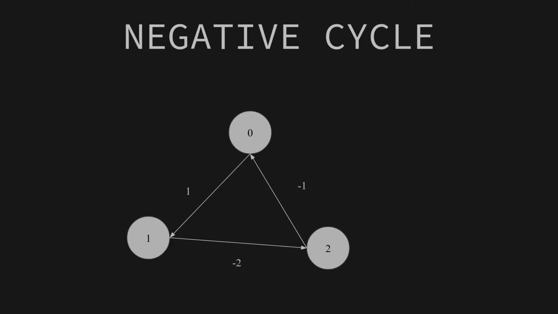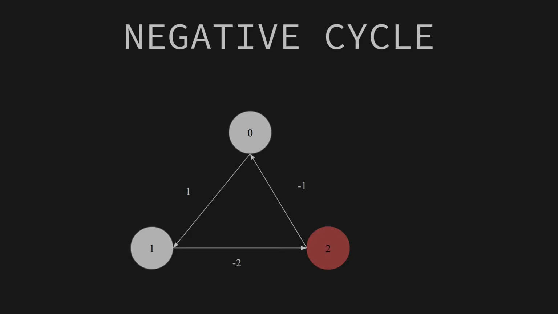Now how does the presence of a negative cycle cause problems? So let's try to find the shortest path from 0 to 2. Of course the shortest, well in this case actually the only path, is from 0 to 1 and 1 to 2 at a total cost of 1 plus minus 2, which is minus 1. Now if you go to 0 right now, your total cost becomes minus 2.